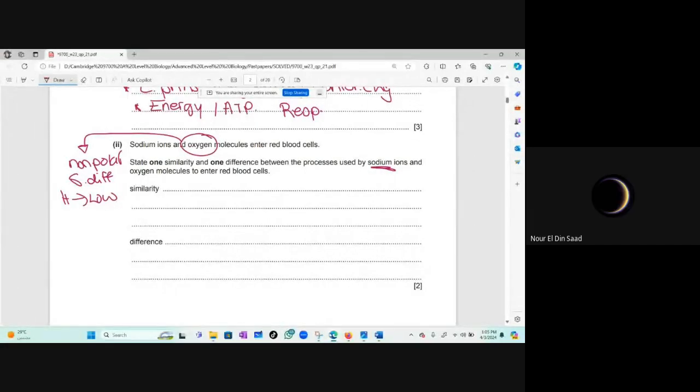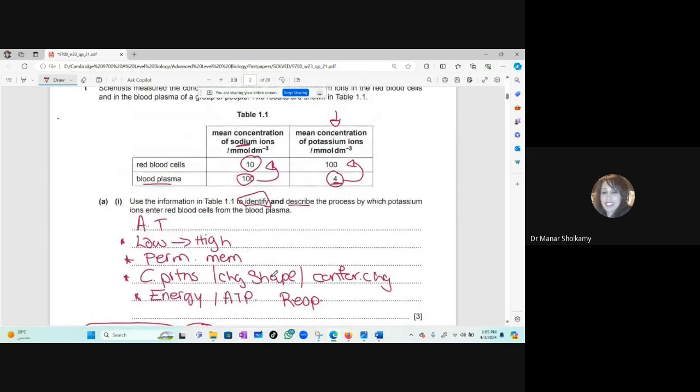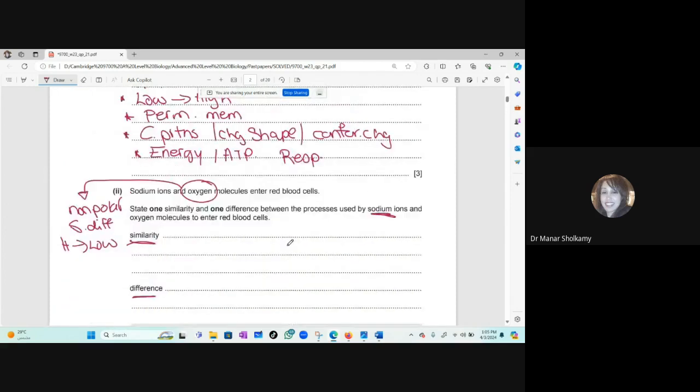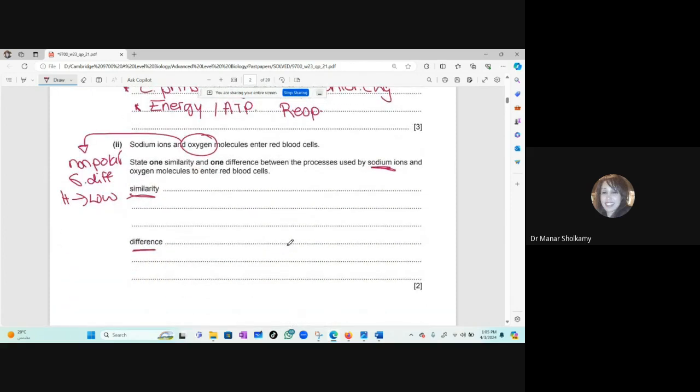Yes. Okay, so they're asking about the similarity and the differences between the transport of oxygen across the cell membrane and the transport of sodium. We'll go to our table, we'll see that the sodium is moving from the plasma to the red blood cells from high to low concentration. And Mariam just told me that the oxygen also moves down a concentration gradient. So what is the similarity? Both of them move from which concentration to which concentration? High to low.